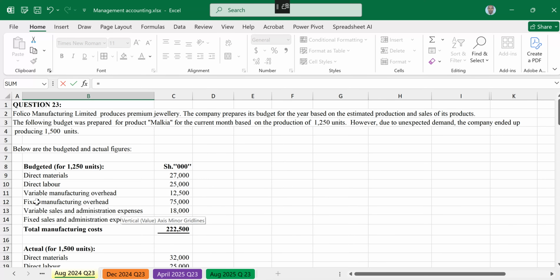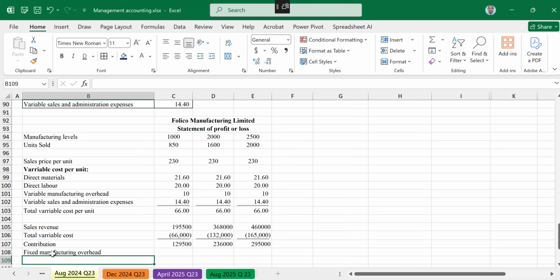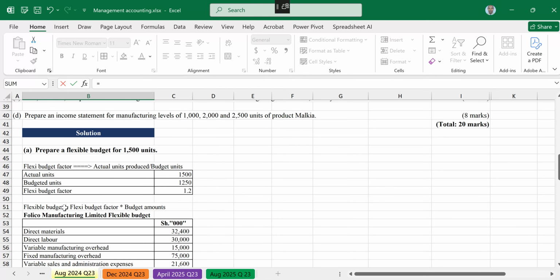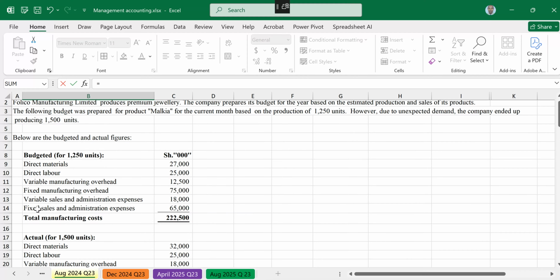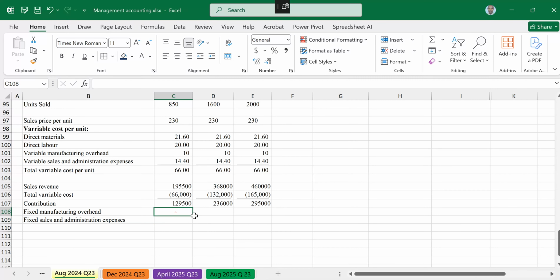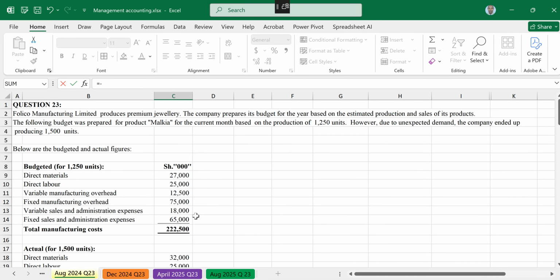Fixed manufacturing overheads, and again equal sign. The other one is fixed sales and administration. Those had been omitted. You lock them because they are constant. Equal sign negative, the first one is 75.